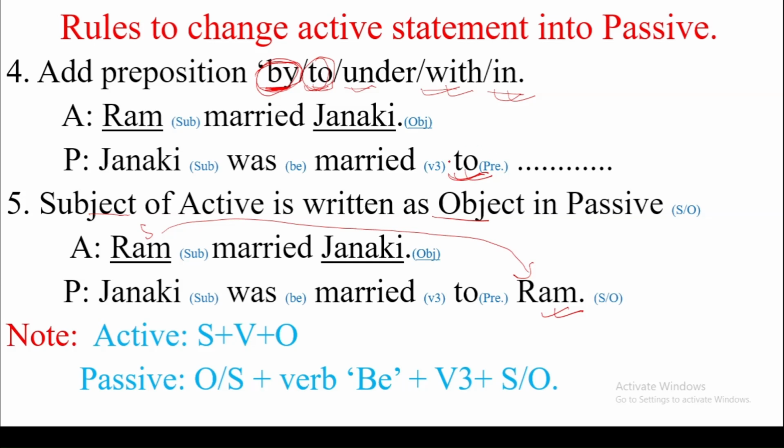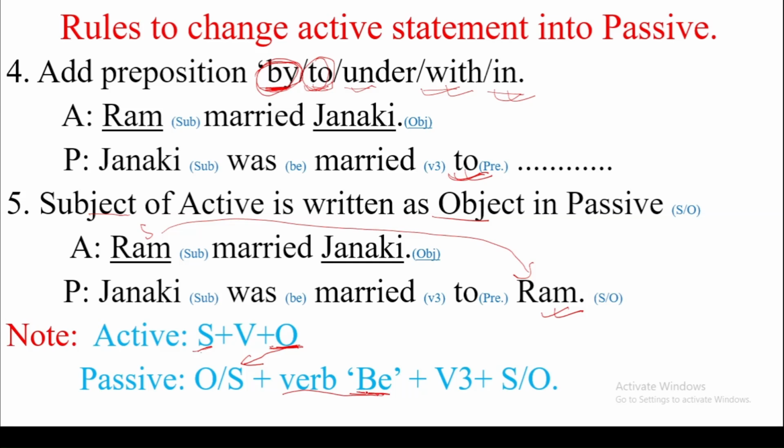So these are the 5 steps that we have to keep in mind while changing an active sentence into a passive sentence. Again I repeat in short. First we pick the object of the active sentence and write it as subject in the passive sentence. Then we add verb be according to tense and aspect.